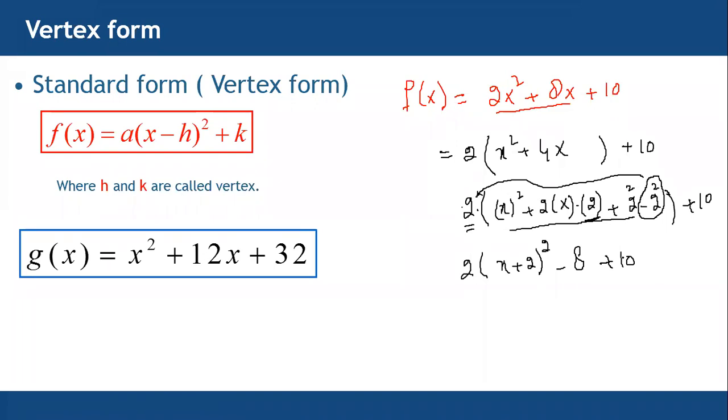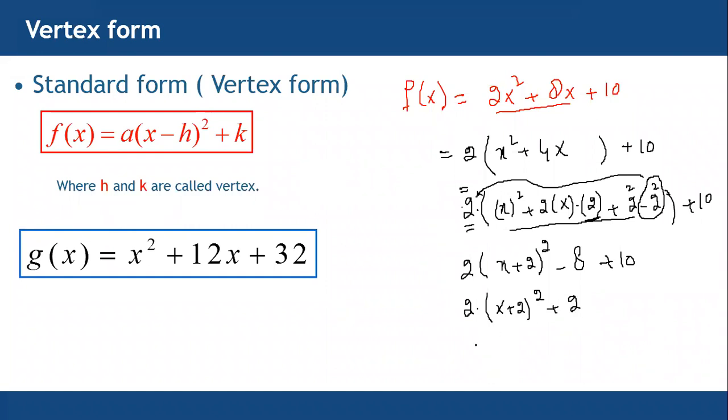What you are adding or subtracting, you must multiply with this a value, this start value, because this one is taken common. So you must multiply with this 2. Now 2 multiplied with x plus 2 whole square minus 8 plus 10 equals 2.